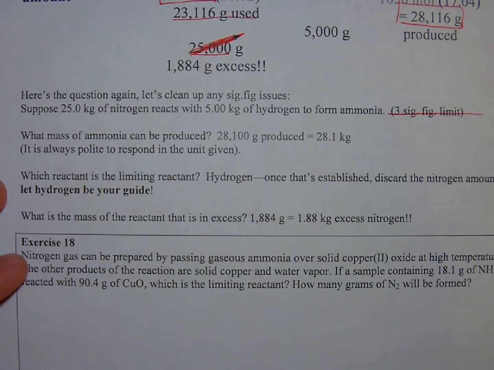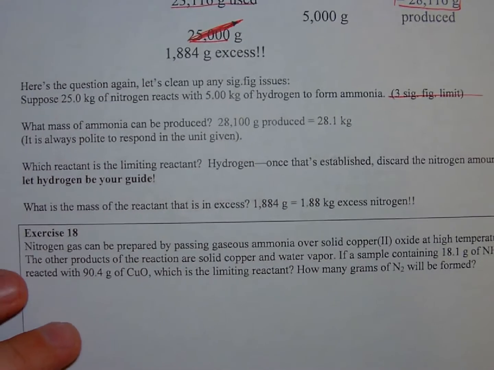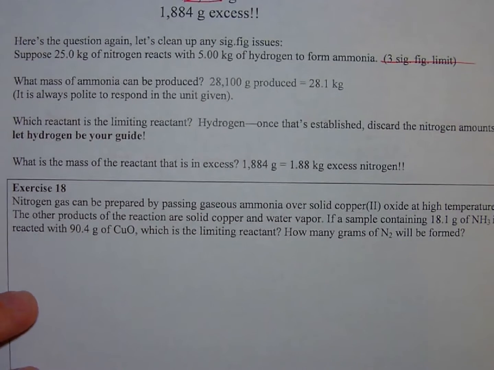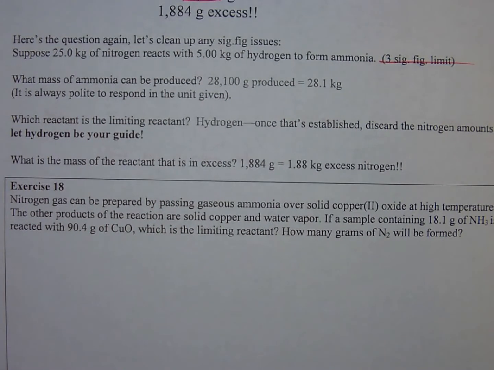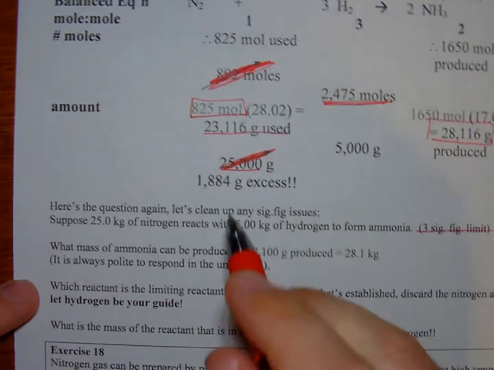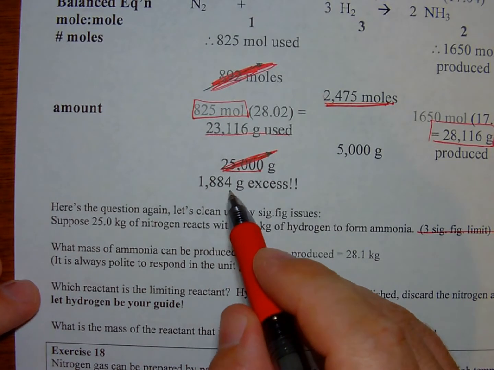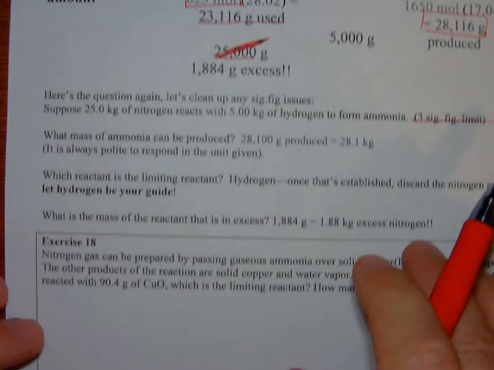The other question, which reactant is the limiting reactant? Hydrogen, right? Once that's established, we discard the nitrogen amounts, and we let hydrogen be our guide. And the last question was, what is the mass of the reactant that is in excess, right? How much is left over? Now, we calculated on our workup here 1,884 grams.